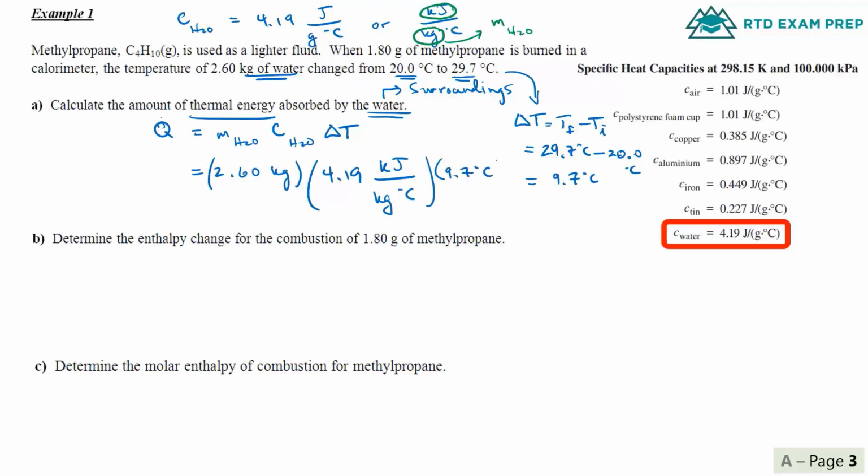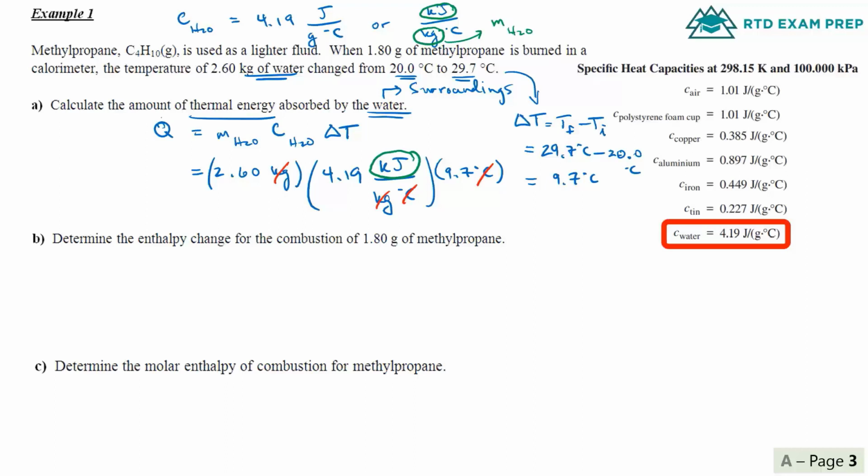And if you look at how the units work here, the kilograms associated with the mass of water will cancel with the kilograms in the units for our specific heat capacity, and of course the degrees Celsius will cancel as well, leaving behind a Q value that will be measured in kilojoules, which is actually what we want.